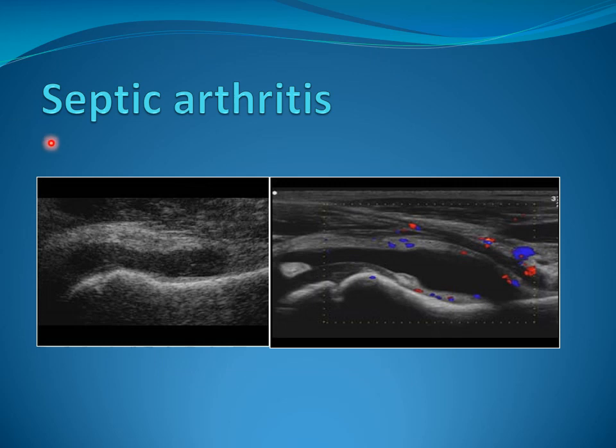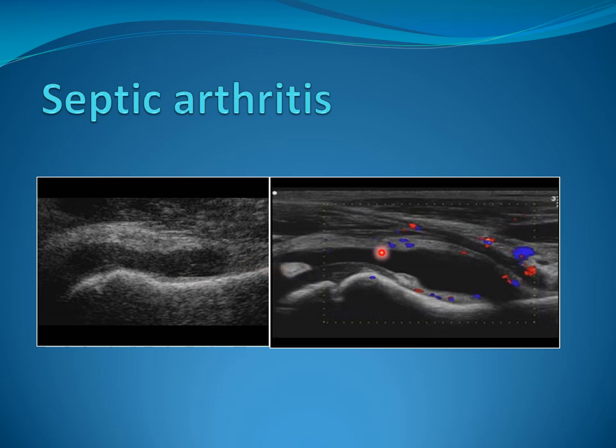Another common finding is septic arthritis. Usually the diagnosis is suspected clinically. On ultrasound we can see a turbid joint effusion, or we can see increased vascularity in the surrounding soft tissue around the joint effusion. Actually, the presence of turbidity does not confirm the diagnosis of septic arthritis.